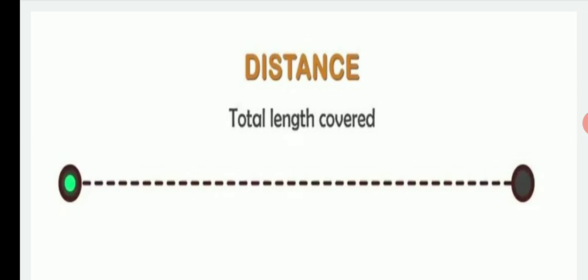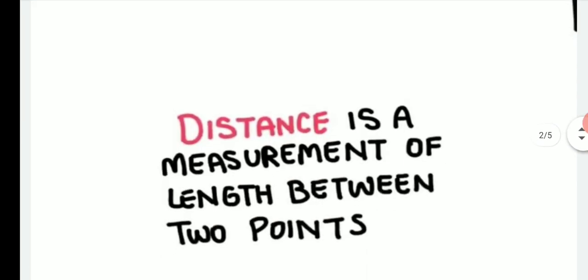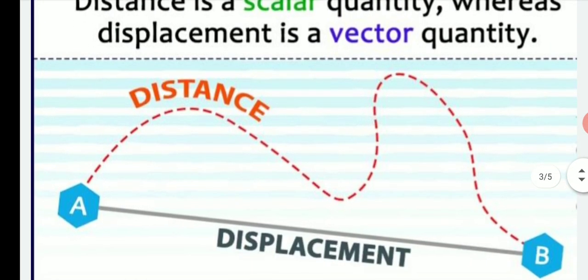So from point A to point B, if we take distance, it may be from any direction. For example, in this image, from point A to point B, distance may be from any direction. There is no need that it is the shortest distance.